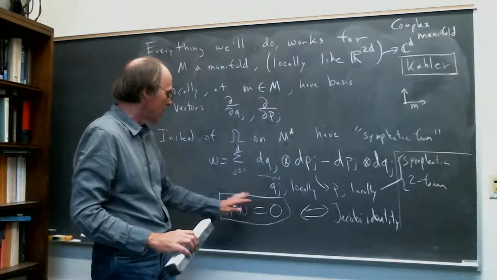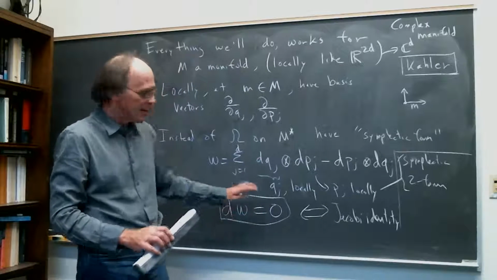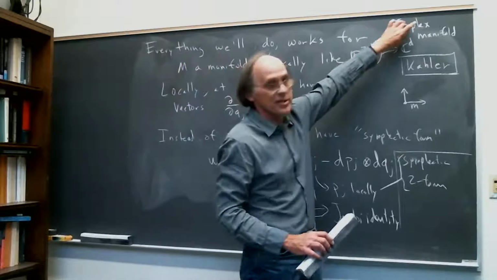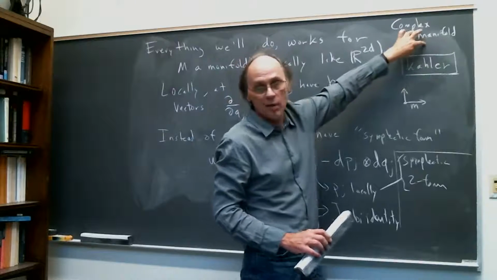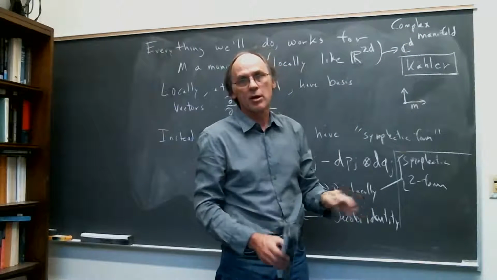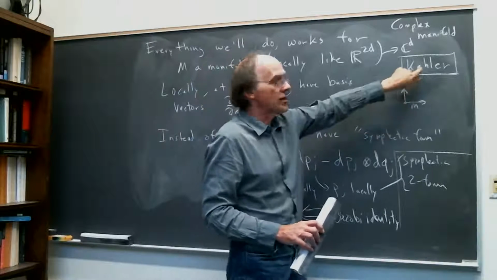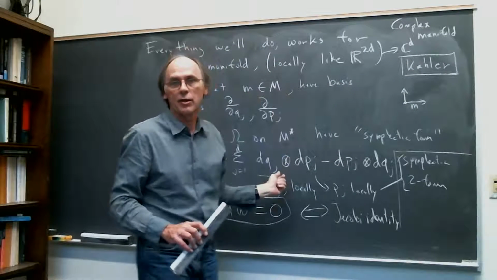So this can be a Kähler form, but in a much more sophisticated context: when you're dealing with a complex manifold with a metric which is compatible with this in the correct way, then you say you have a Kähler manifold, and this is the Kähler form.